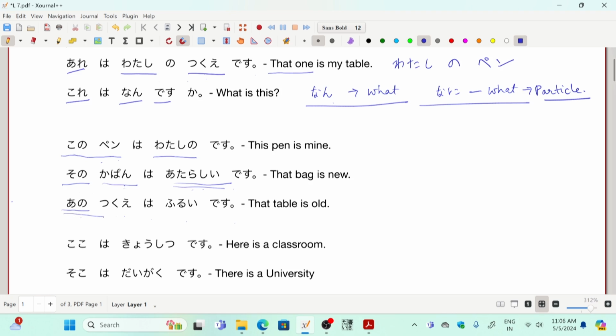So that table is furui desu. So here that and here that have one difference. That is near to the listener. And this that is actually for both the speaker and the listener.